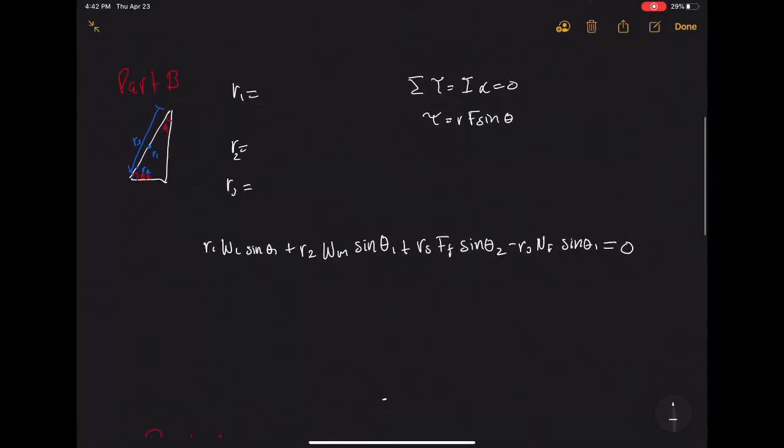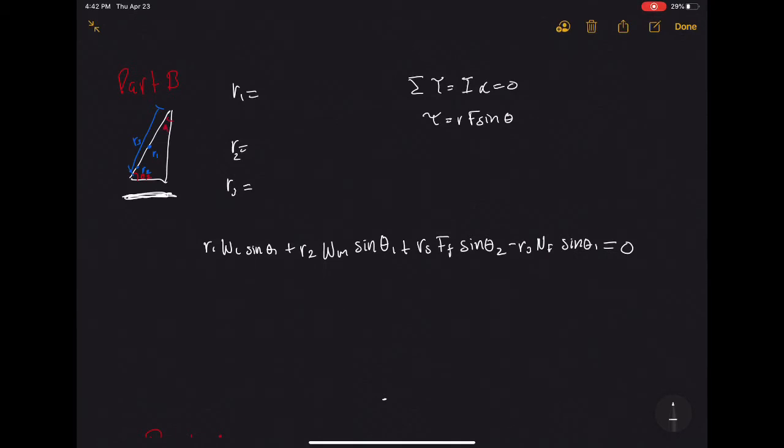For part B, it's asking what is the actual frictional force when the man has climbed 1 meter along the ladder. First we have to get all the R's, and I made a little drawing to show it right here. We need all the R's in order to get the angles.